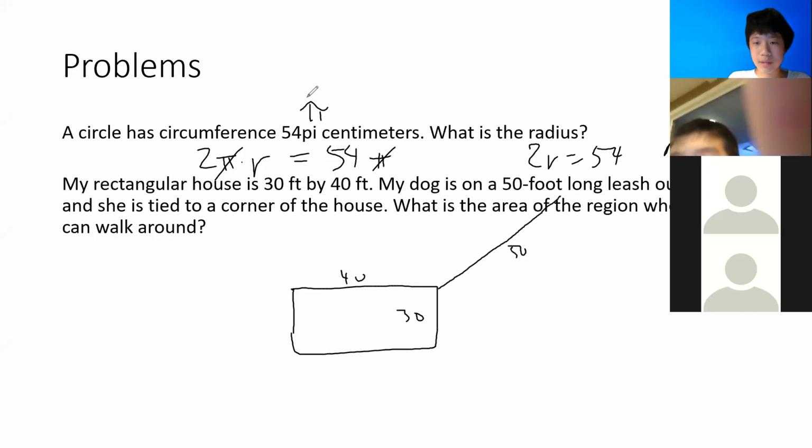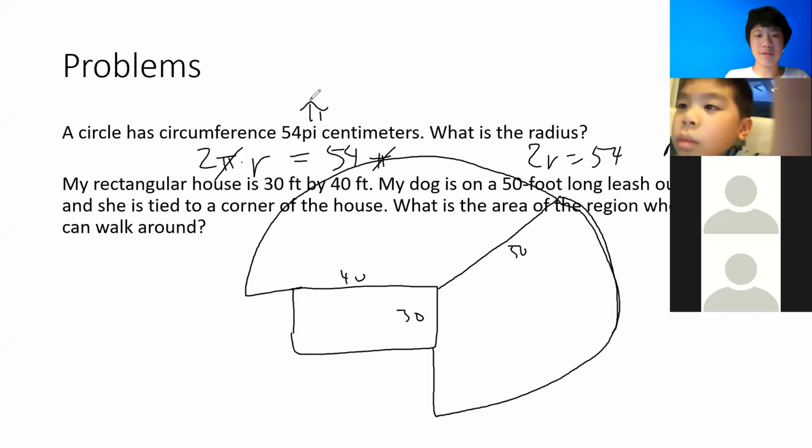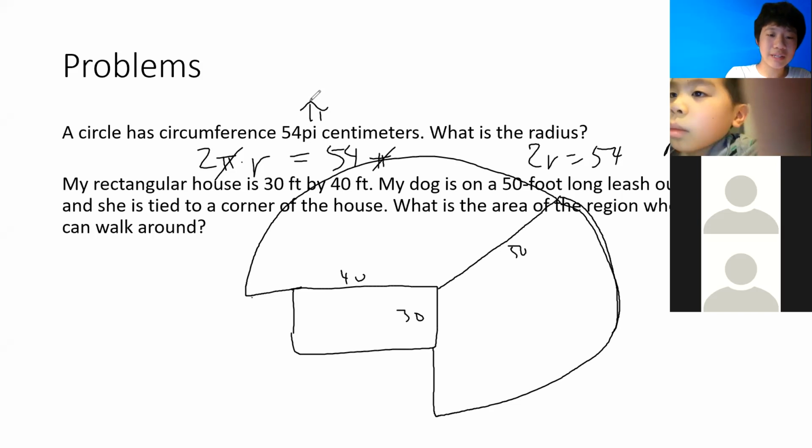Well, the leash will basically act as a radius of the circle in which the dog can roam, right? The leash is basically going to make a circle like this. But then when you get here, the leash gets bent, right? And now we only have 10 here.